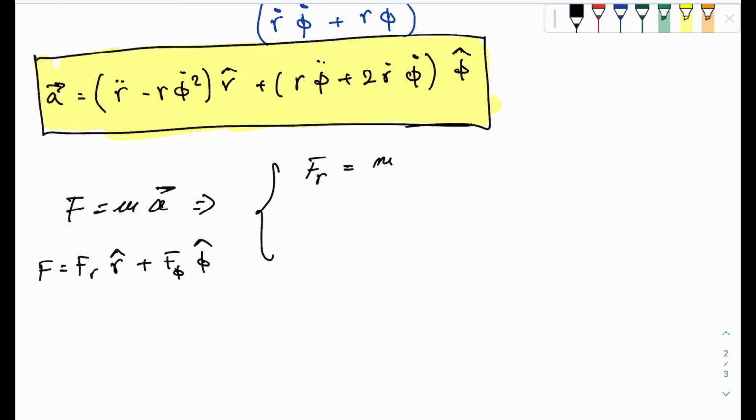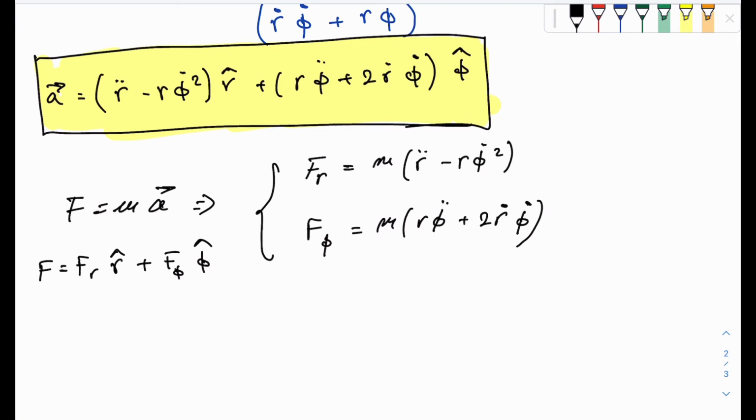F_r is m times r double dot minus r phi dot squared, and F_phi is m times r phi double dot plus 2 r dot phi dot. So this is Newton's second law in polar coordinates.